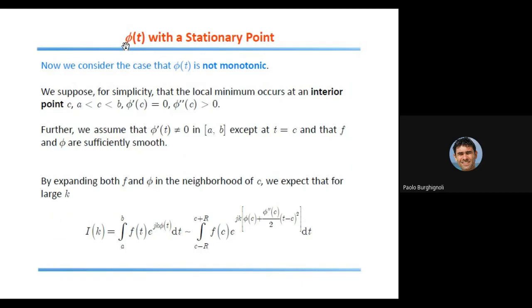Now, if the function phi has instead an internal stationary point, the procedure is exactly the same as in the Laplace method. So what we do is a truncated Taylor expansion of everything involved. In particular, the function f will be evaluated at the minimum point, c, whereas the function phi will be expanded using Taylor series up to the second order again.